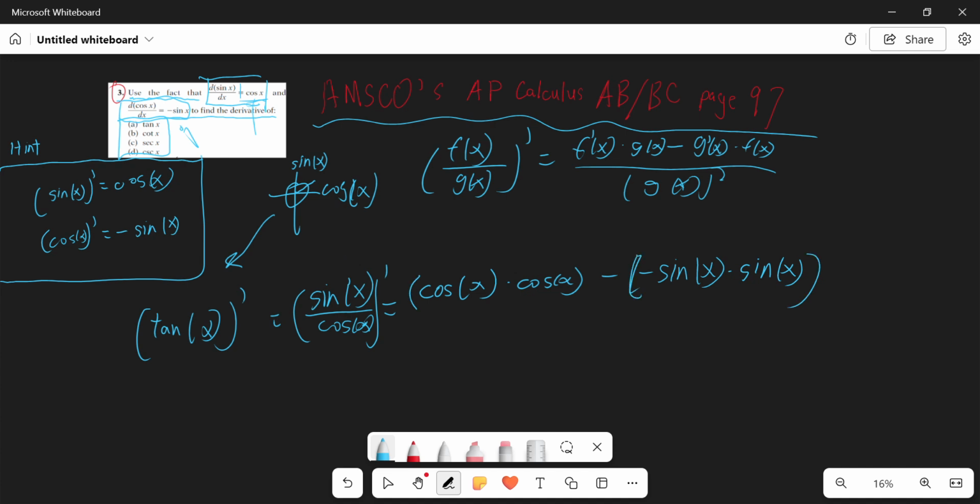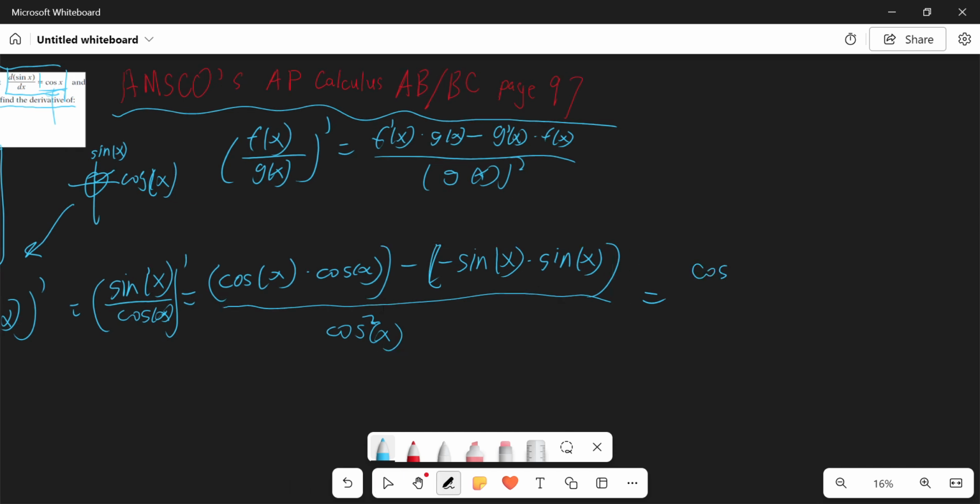We actually don't need the brackets, but I like to put the brackets to comprehend this easier. Squared. Which we will get cos squared x minus negative sine squared x, which just becomes positive. And we will be using one of the trig identities. Which one?